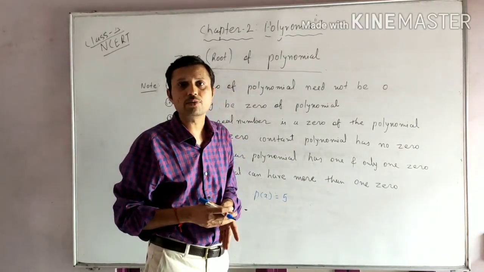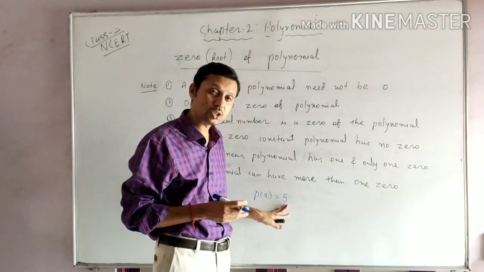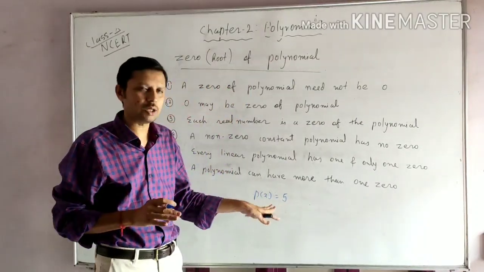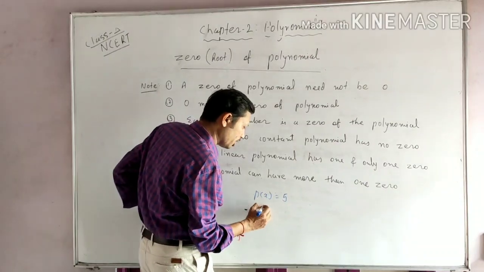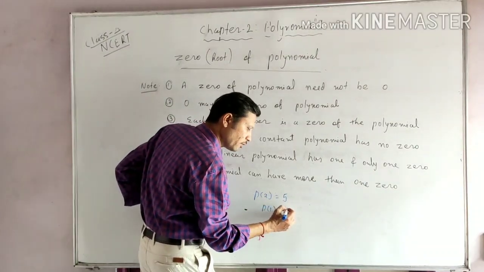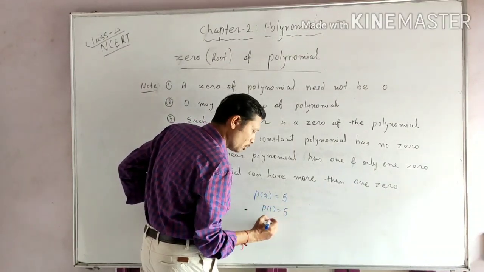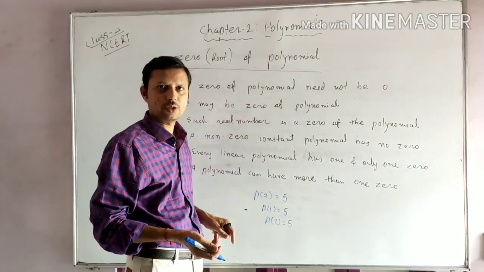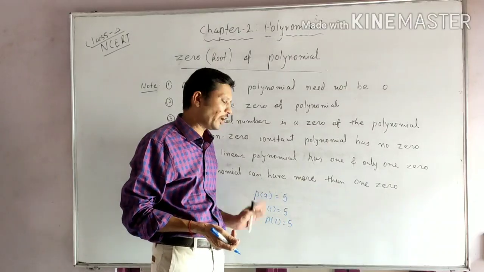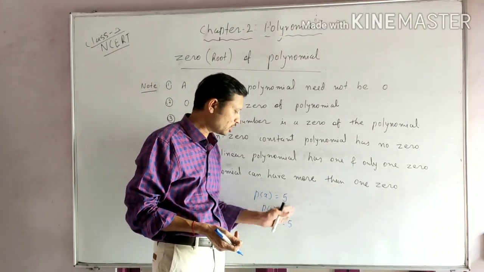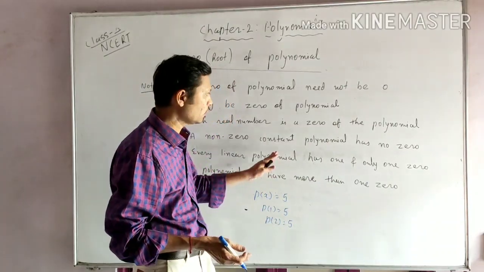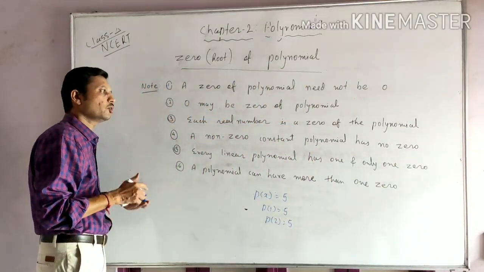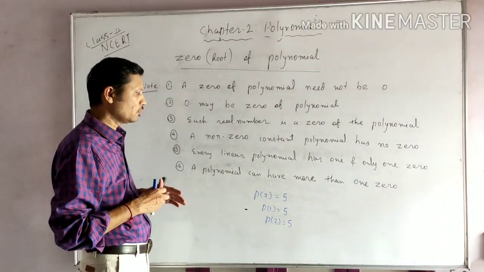We cannot change the value of the constant, it remains unchanged. Suppose I take x as 1, this value remains the same. Suppose I take x as 2, again this value remains unchanged. Whatever real number you take for x, this value remains unchanged. So that means we cannot get any zero for a non-zero constant polynomial, right?